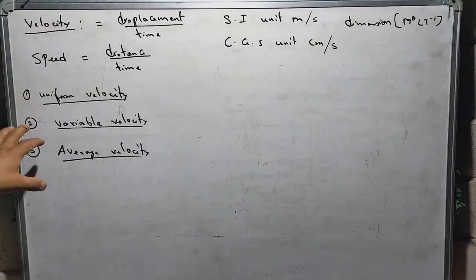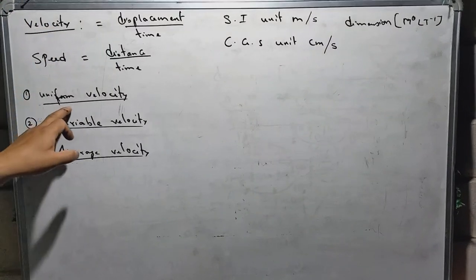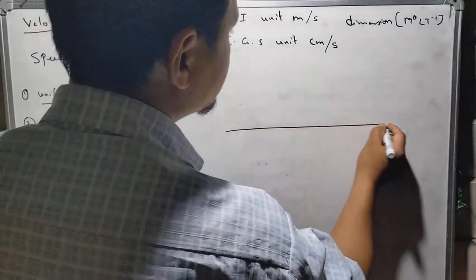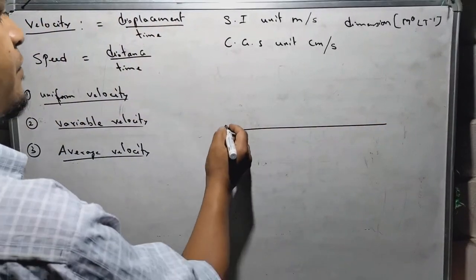Different types of velocity. Number one, uniform velocity. A body is said to be moving with a uniform velocity if it covers equal displacement in equal intervals of time in a specified direction. For example, consider the motion of a car along a straight line.